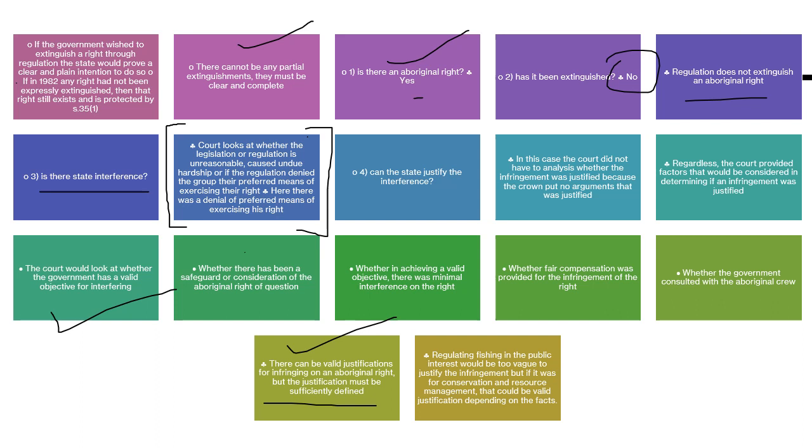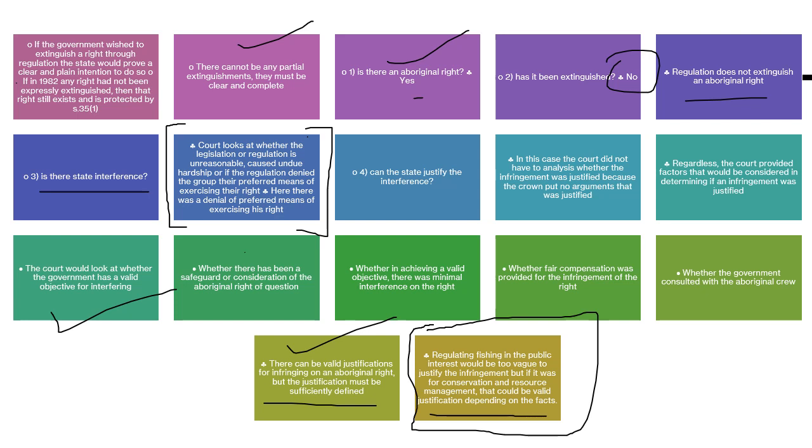If there was consultation and the aboriginal leaders themselves said that they are fine with this change, then there is no question. Regulating fishing in the public interest would be too vague to justify the infringement, but conservation and resource management could be a valid justification depending upon the facts.